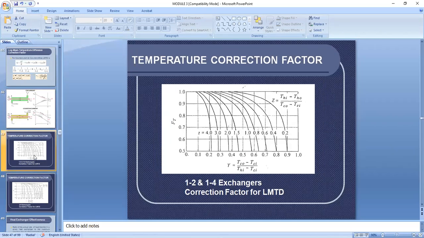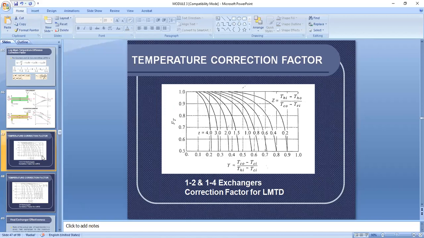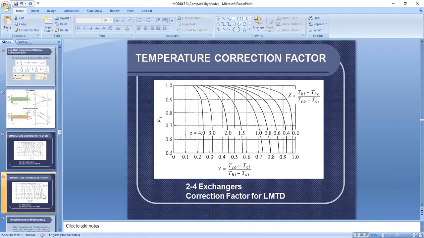What I have here as examples are for the 1-2 and the 1-4 exchangers, and here you have the 2-4. Before you can determine the temperature correction factor, or F sub T, you need to solve separately the Y and the Z that you need to use for these diagrams. The other one also uses the Y and the Z.